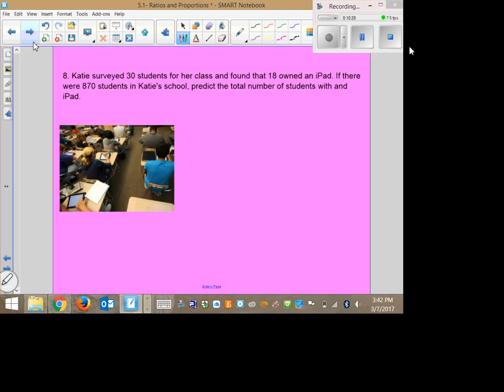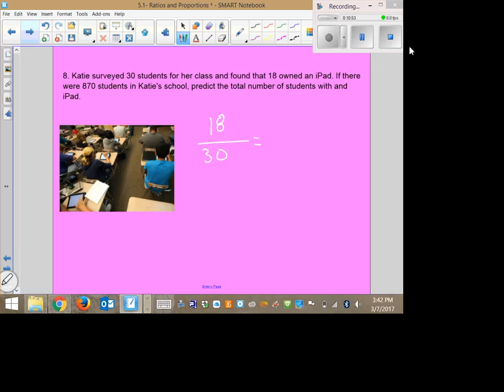So a word problem here, Katie surveyed 30 students from her class and found that 18 owned an iPad. If there were 870 students in Katie's school, predict the total number of students with an iPad. So you guys have been doing stuff like this in algebra. So we can set it up with 18 students have an iPad over 30 total students.